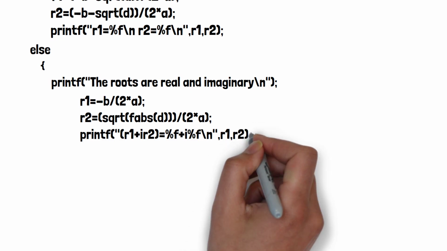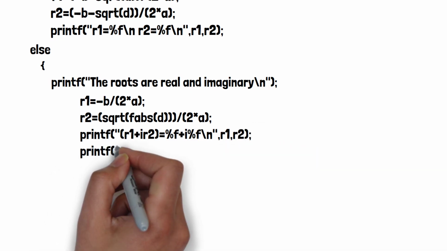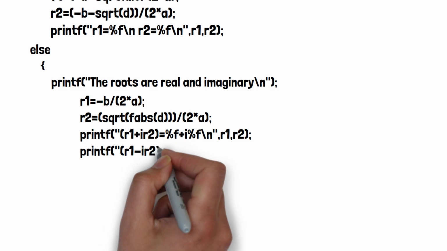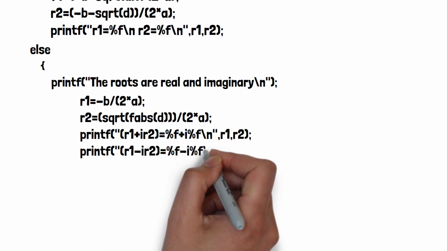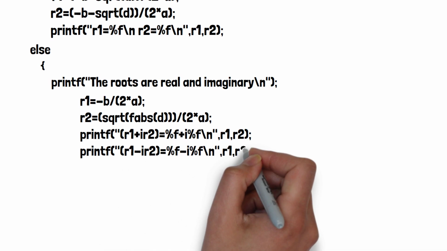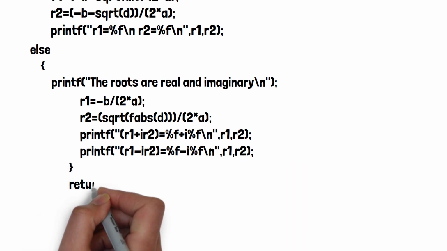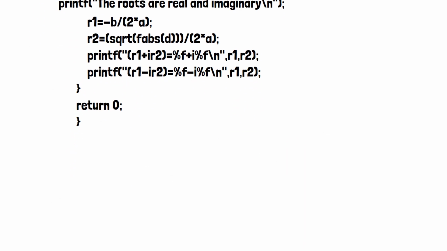And lastly, we are printing R1 plus i R2, and the second root is R1 minus i R2. Then we'll close the braces, write return 0, and close the main curly bracket.